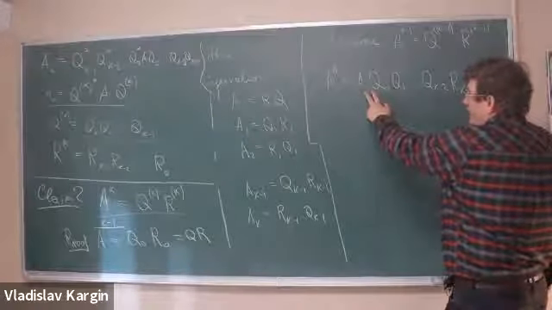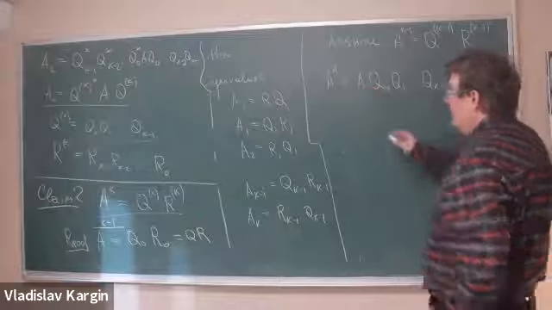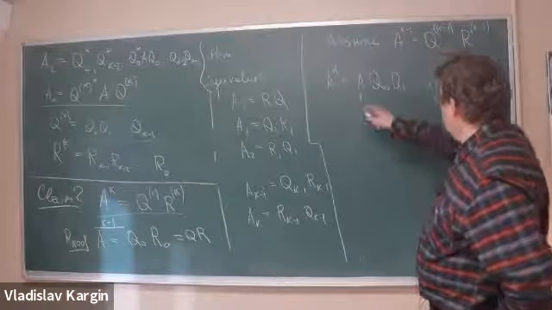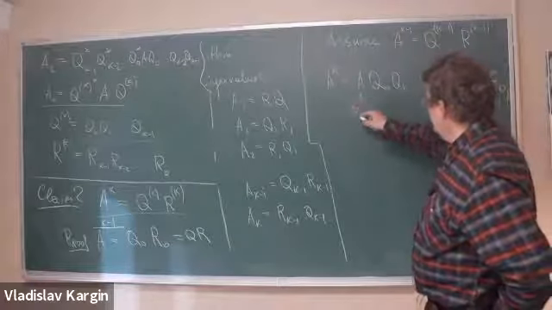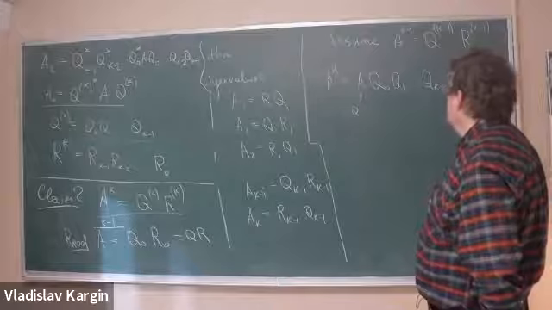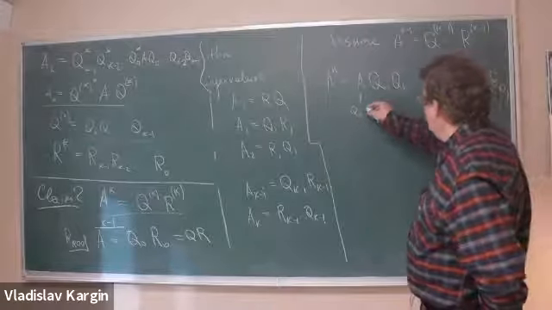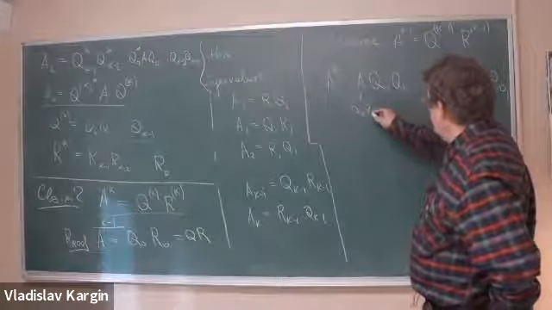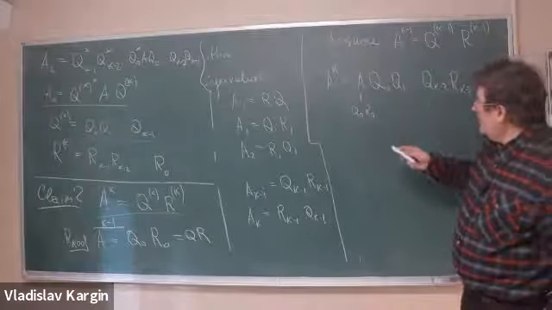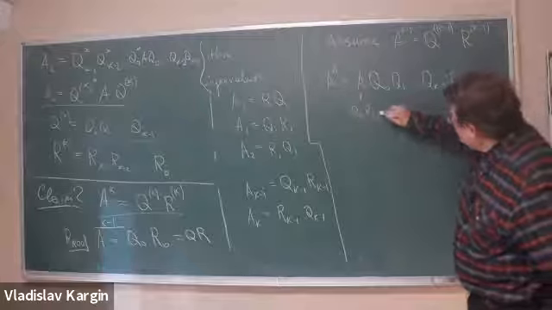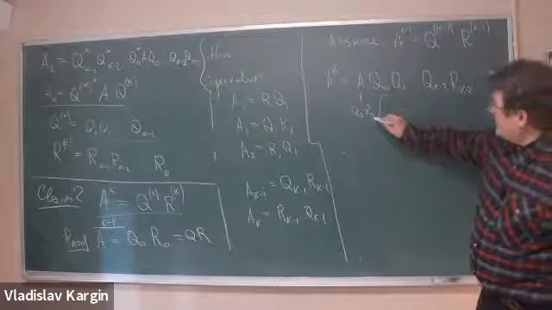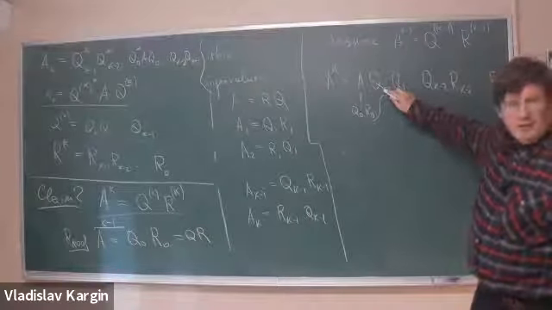What we know about A is that A is equal to QR, so it's equal to Q0 R0. Now if you look at this thing here, we see that this is R0 Q0, which is A1.